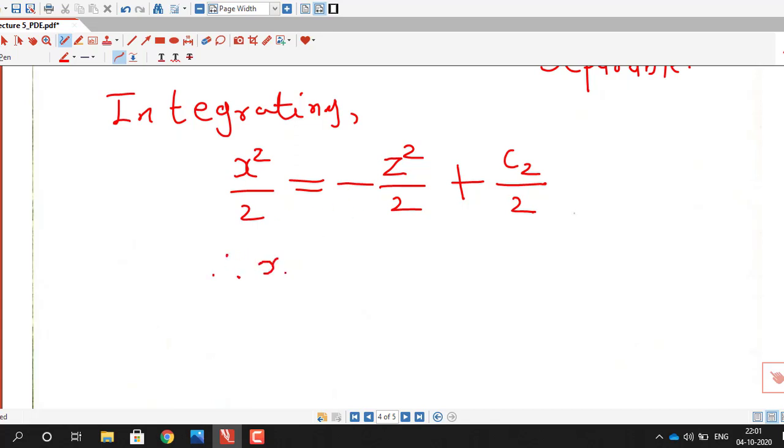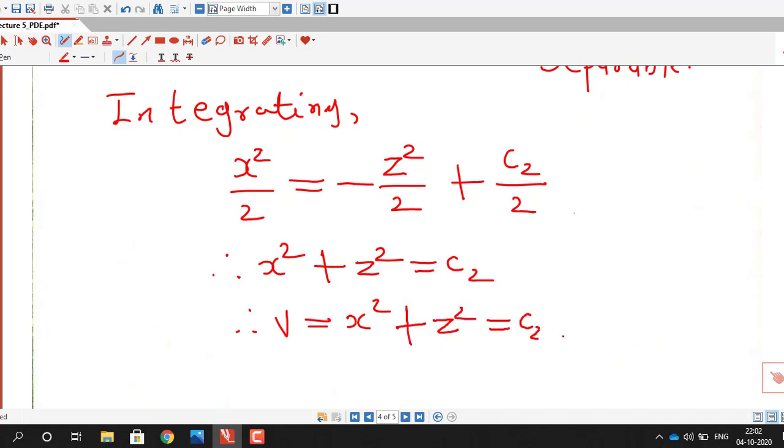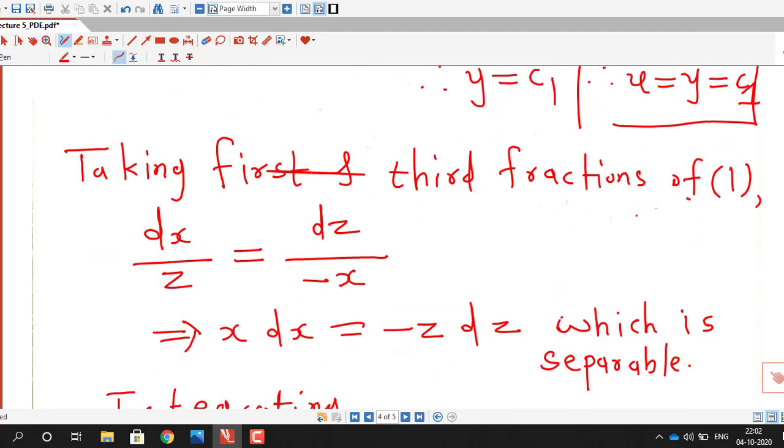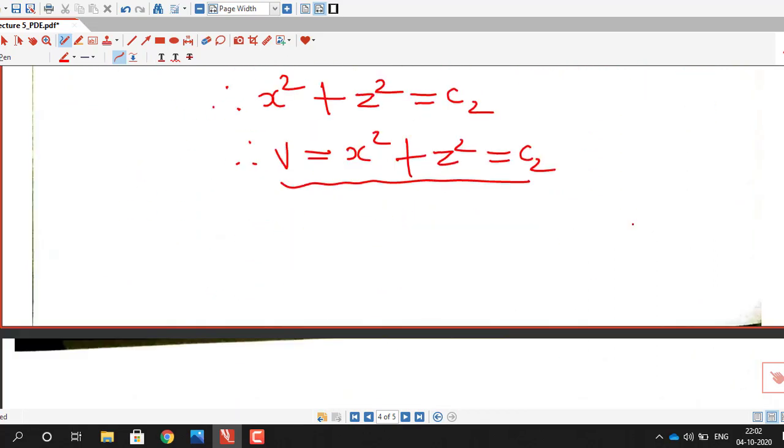So therefore this we can rewrite as x square equal to minus z square, which is x square plus z square equal to c2. Therefore v is x square plus z square equal to c2, and u is y and v is x square plus z square.